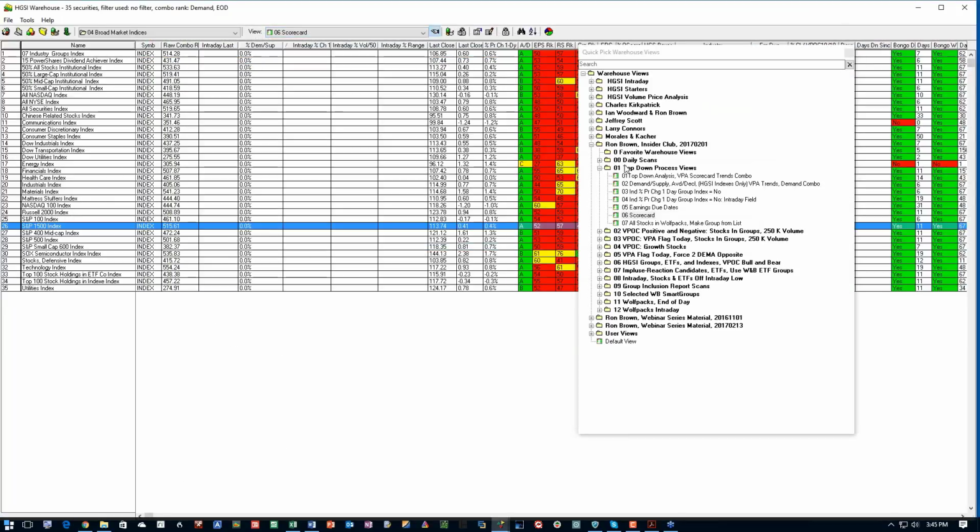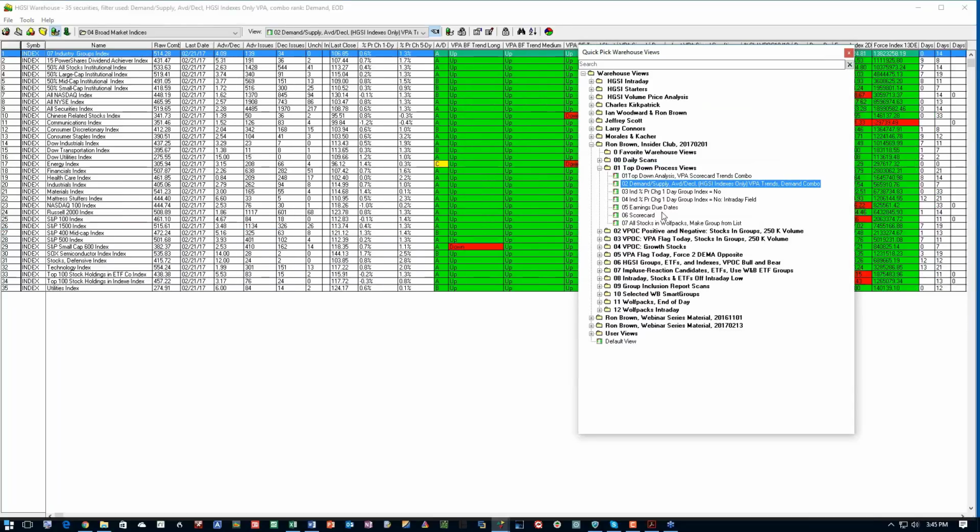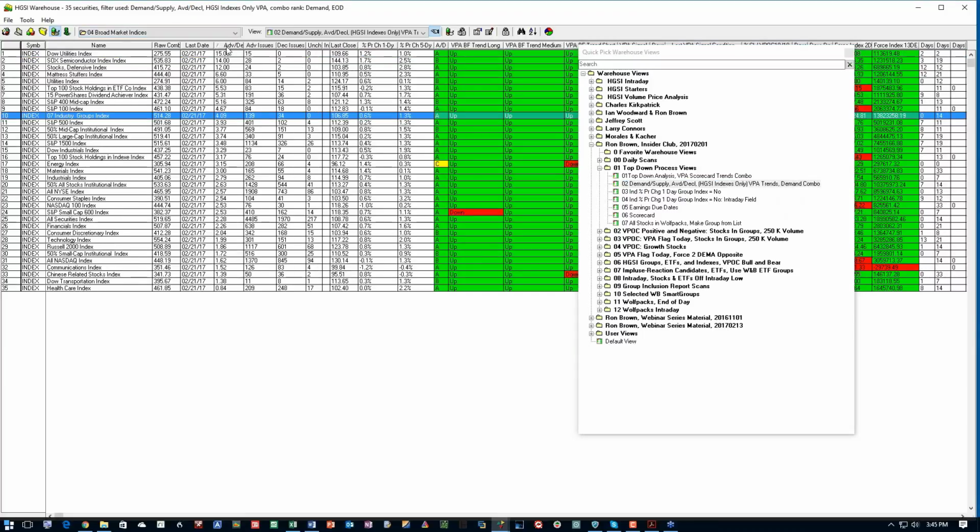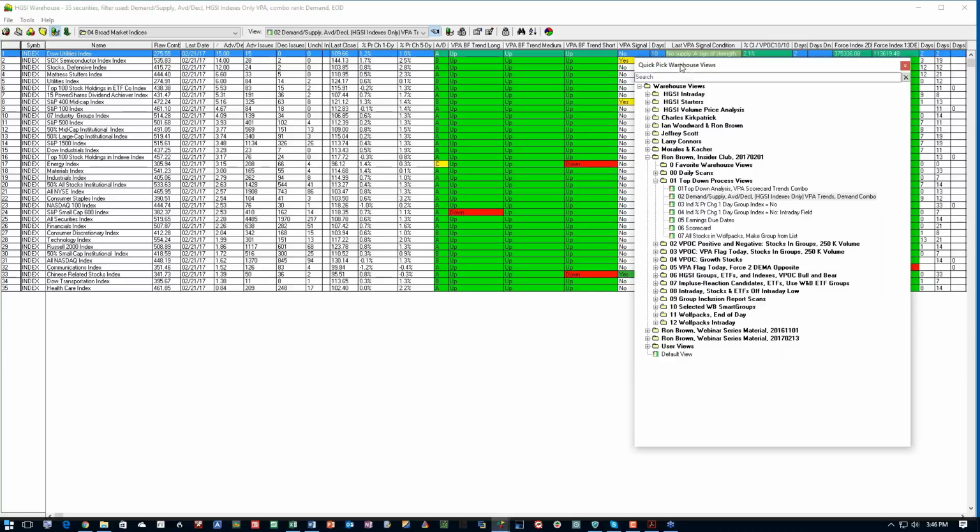And once again, I am in my top-down process views. I'm going to go to view number 2 under top-down, because this is my demand-supply view, and it gives me the ability to sort on accumulation, or I'm sorry, advancers versus decliners.